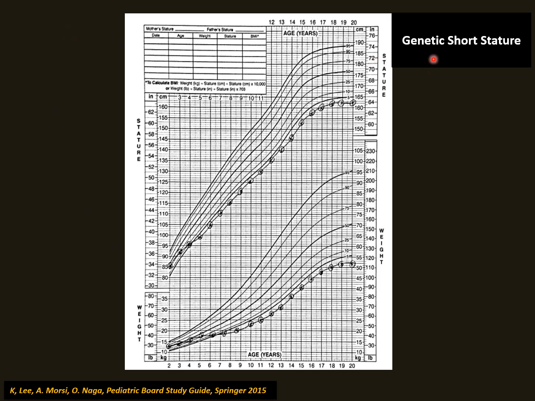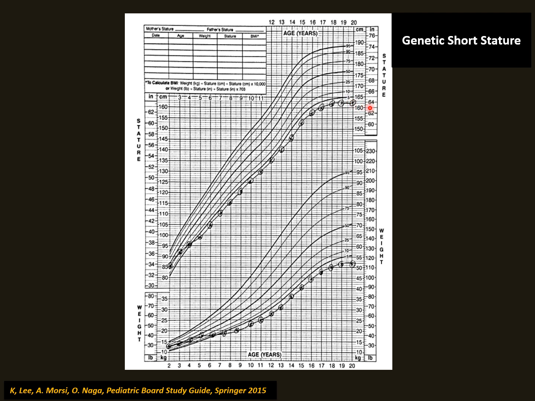This is an example of genetic short stature. This child was doing okay at 2 years of age. Then from 3 to 4 he starts to cross percentiles, going down below the 5th percentile and then parallel to the 5th percentile, so below and parallel, reaching the predicted height for the mid-paternal height.